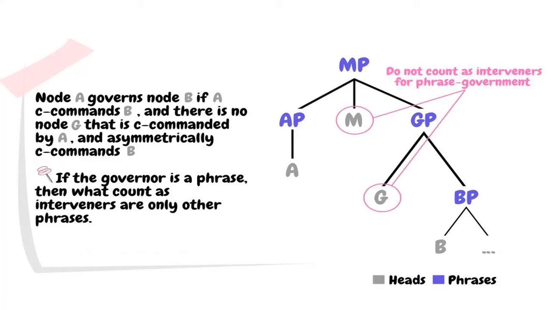So AP governs B, and we conclude that phrase government is, if A is a phrase, then G must also be a phrase. Now, do you think that GP and BP in this tree count as interveners since they are phrases? If you want to answer, please raise your hand, or you can write your answer in the chat box.